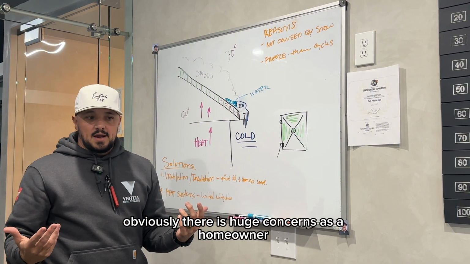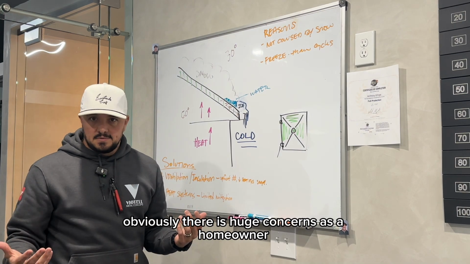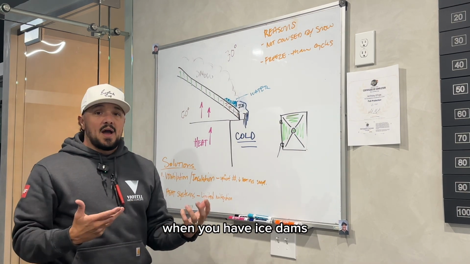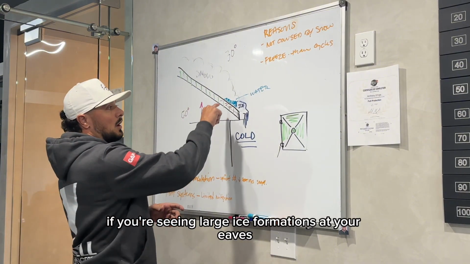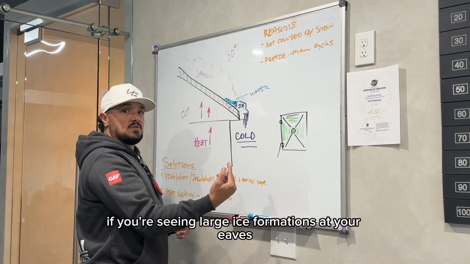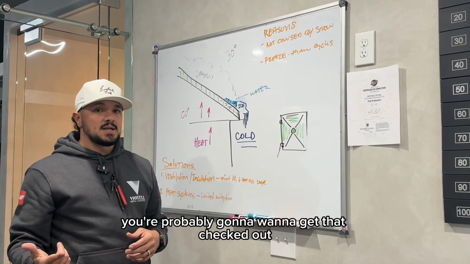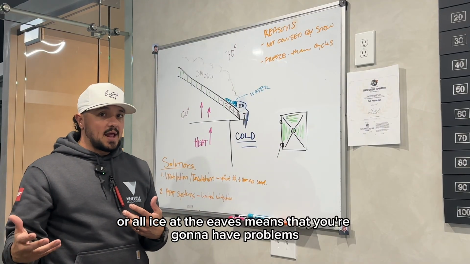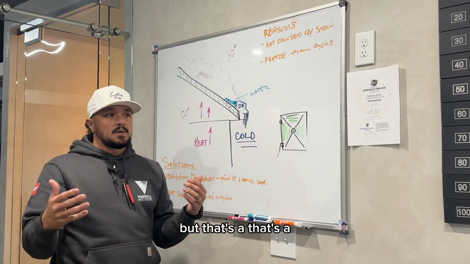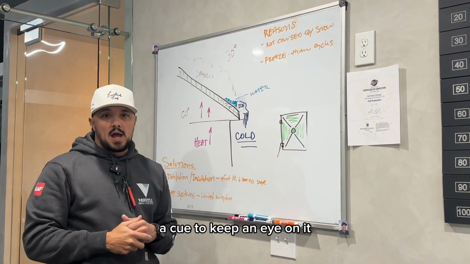So obviously there are huge concerns as a homeowner when you have ice dams. A couple of key things to look out for: if you're seeing large ice formations at your eaves, you're probably going to want to get that checked out. Not that all icicles or all ice at the eaves means that you're going to have problems, but that's a cue to keep an eye on it.